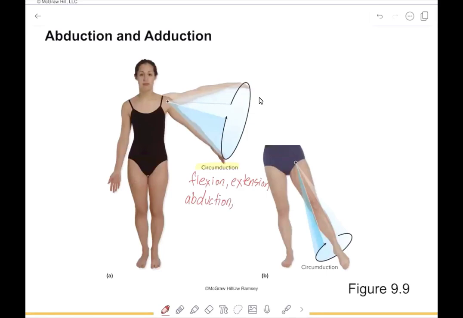So we're moving in multiple planes. So for that reason, it's called circumduction. And the circumduction can occur at the shoulder joint. It can also occur at the hip joint.